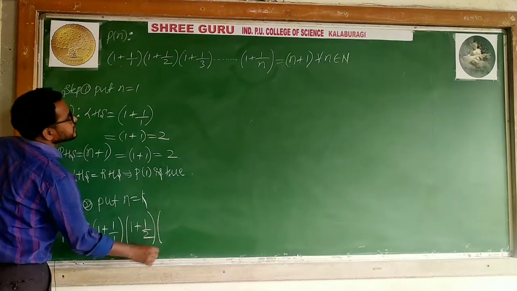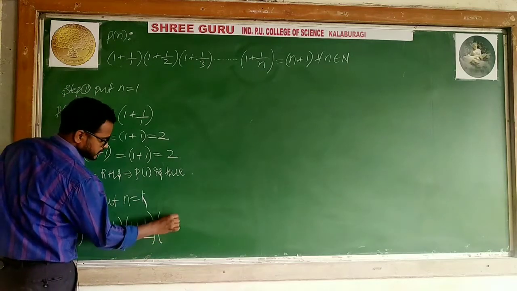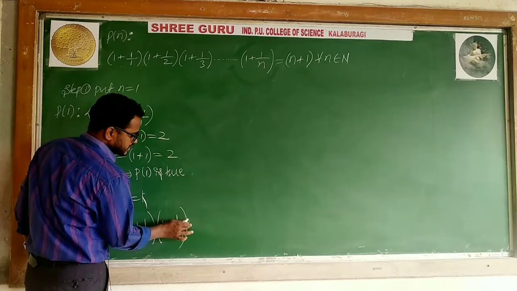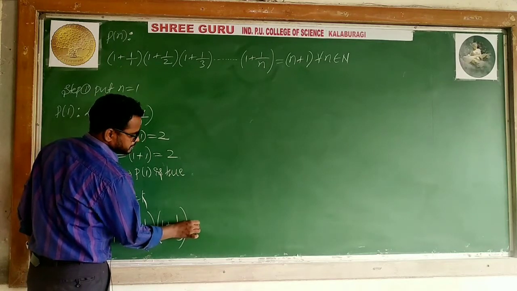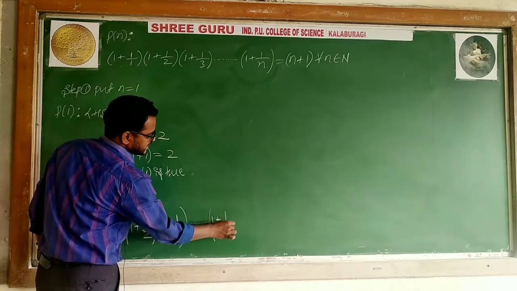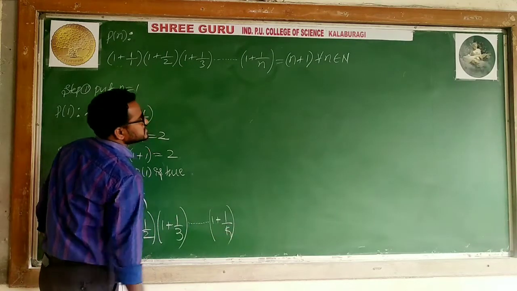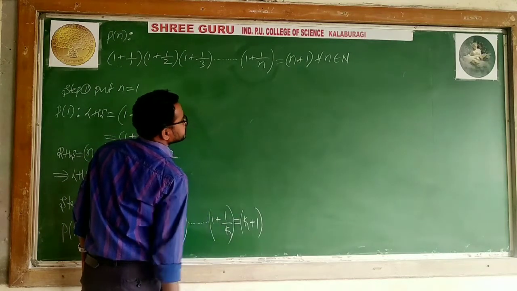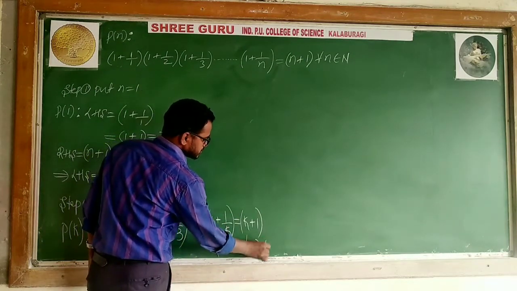The third bracket is 1 plus 1 by 3, and so on, multiplied up to 1 plus 1 by k, which is equal to k plus 1. You call it equation 1.